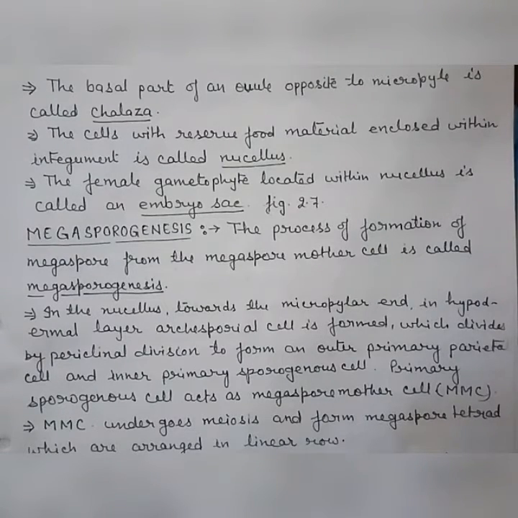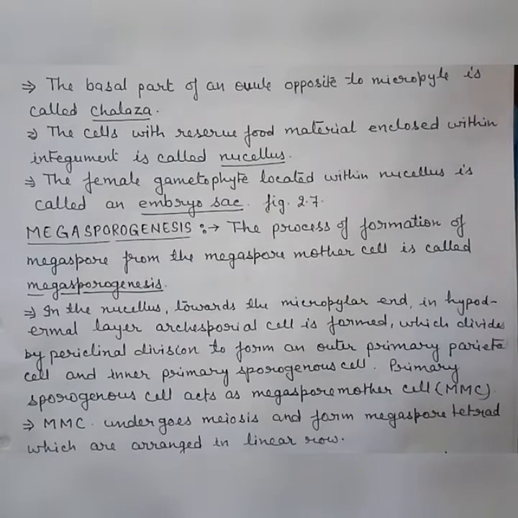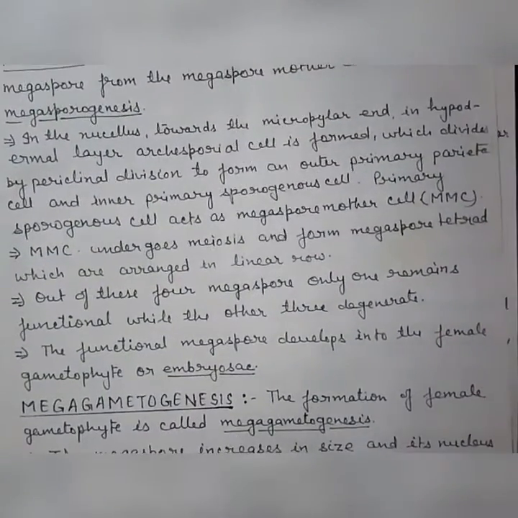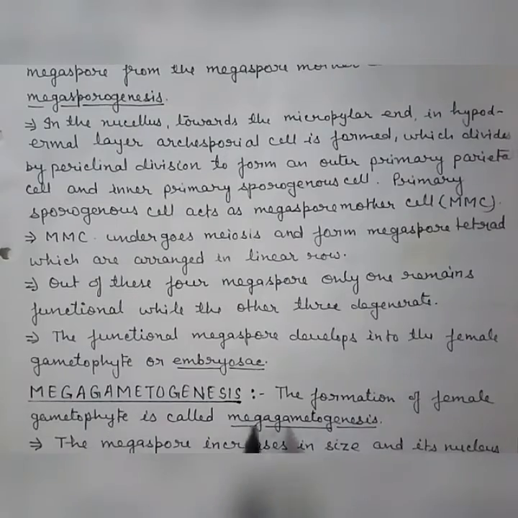Out of these four megaspores, only one remains functional, while the other three cells degenerate. The functional megaspore develops into the female gametophyte or the embryo sac. Let us see how the embryo sac is formed, also known as megagametogenesis.